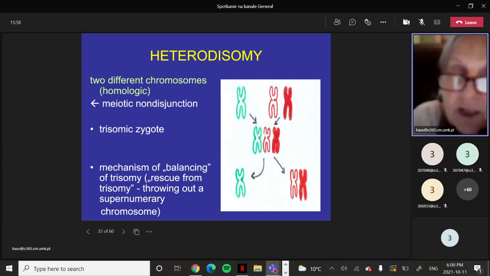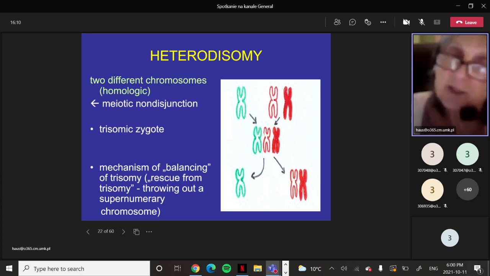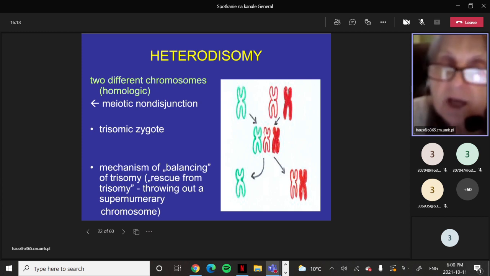You know that all sons of a father who has an X-linked disease are healthy. But in the case of heterodisomy, this son may inherit an X-linked disease directly from his father.